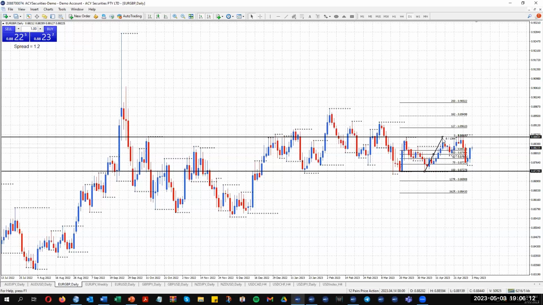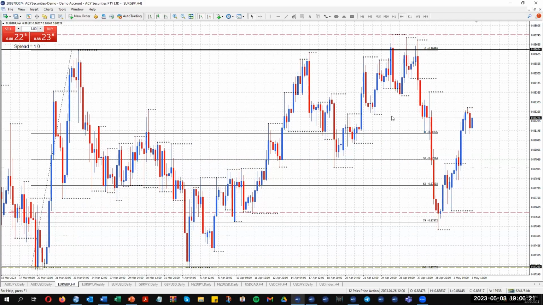Okay. Now, if you're not confident just to trade at the bottom, put your stop below, what I also like to look at is getting into the market. So this was this area here, getting into the market by the 79% level so that you're potentially giving away 20% of the range, and you still have 80% of the range left to target up here.